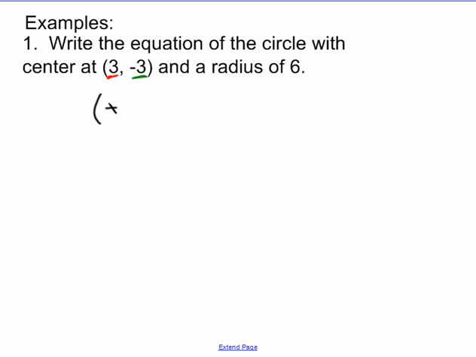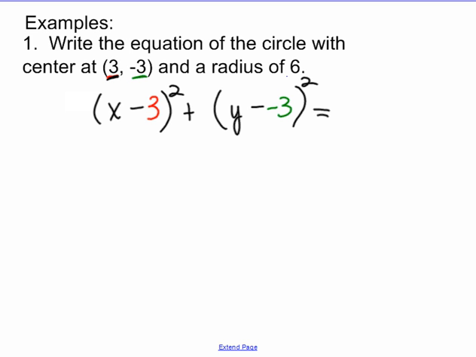x, try again. x minus the x here, so that's going to be 3 quantity squared plus y minus, now that y is a -3, don't forget to leave that in there, and then that equals your radius squared.